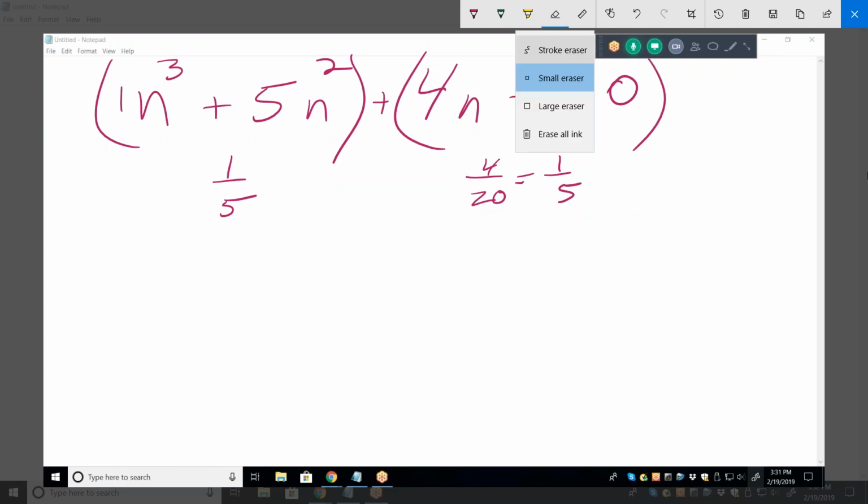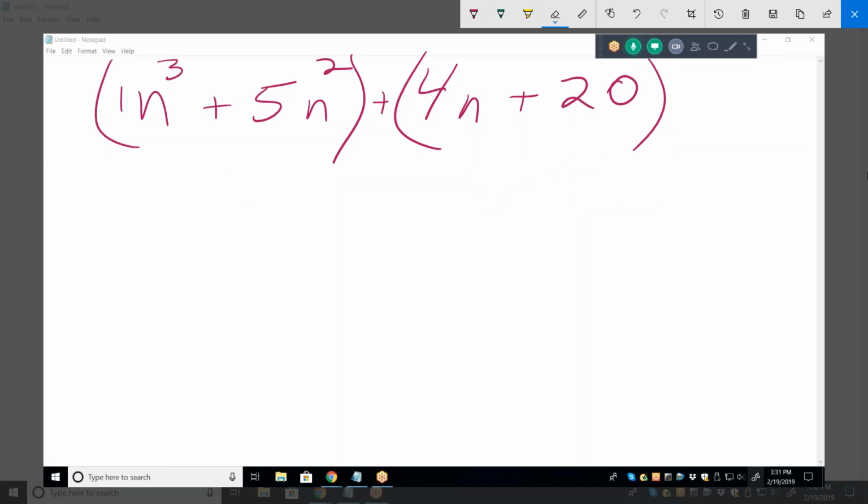Has to be that way. If this was 19 instead of 20, no chance. So that's the first rule for grouping: the ratio of the first two coefficients has to be the same as the ratio of the last two coefficients.